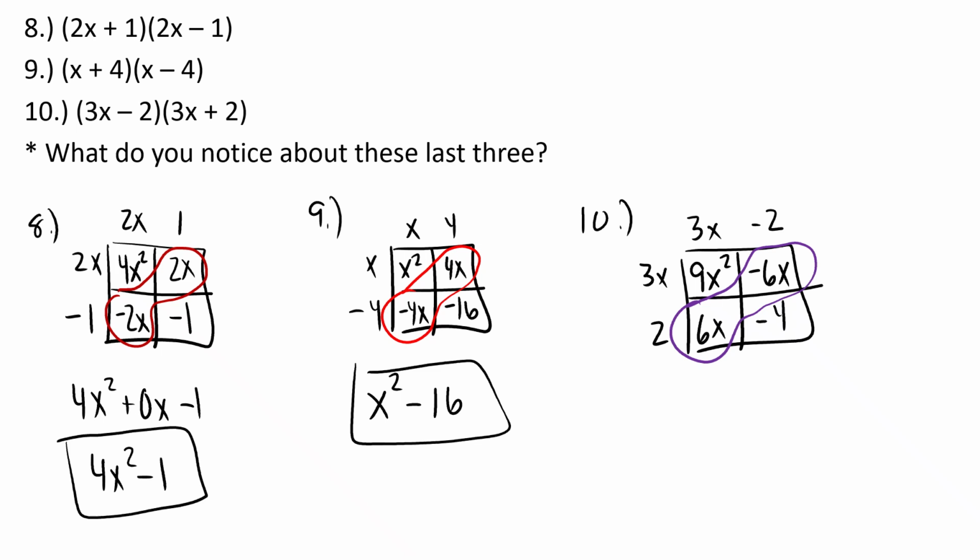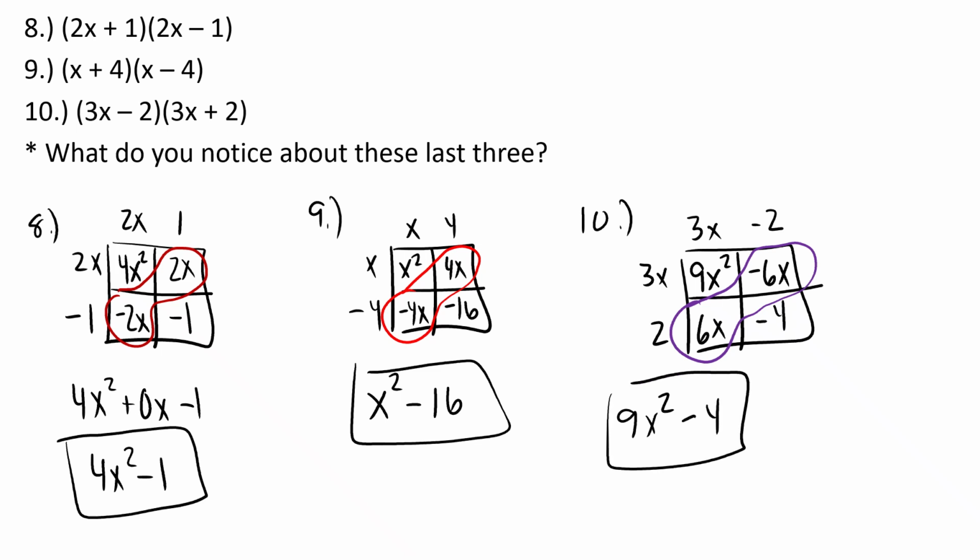We see something once, we're not sure. Twice, we think, maybe. And by the time you've seen it for the third time, it's probably a pretty reliable pattern. And it is a pretty reliable pattern. So we have 9x squared. These two cancel out because 6x minus 6x is 0, and we're left with a minus 4.